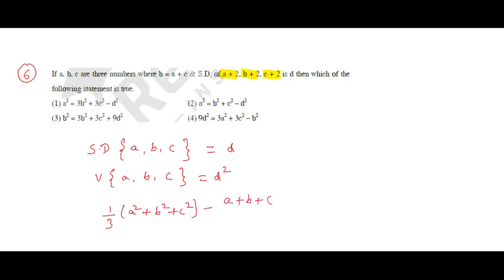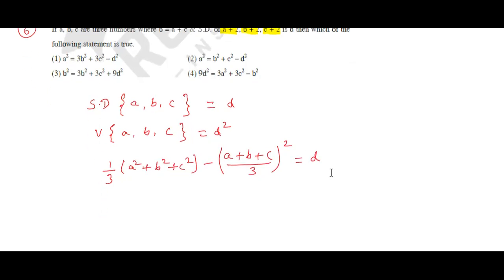A plus B plus C by 3, whole square. That is equal to D square. Students, what is the LCM? 9. Take 9 common and send to right hand side. Here you will get 3 into A square plus B square plus C square minus, here already given A plus C is equal to B, so A plus B plus C is B plus B. Here we get 2B.